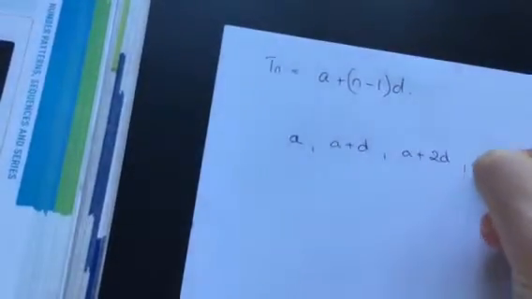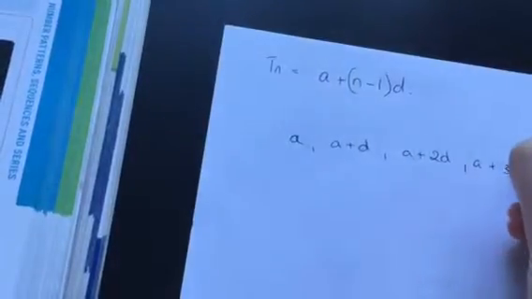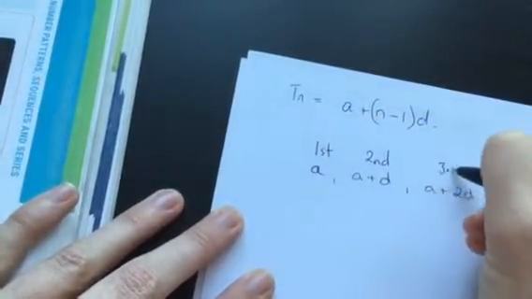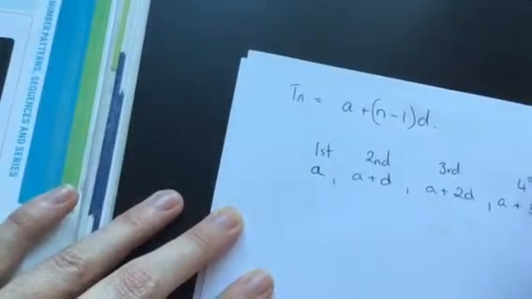So if you think about it, your first term we call A, which means my second term is A plus my common difference. My third term is A plus 2 times my common difference. My fourth term is A plus 3 times my common difference, and so on. So that's my first term, that's my second, that's my third, that's my fourth.